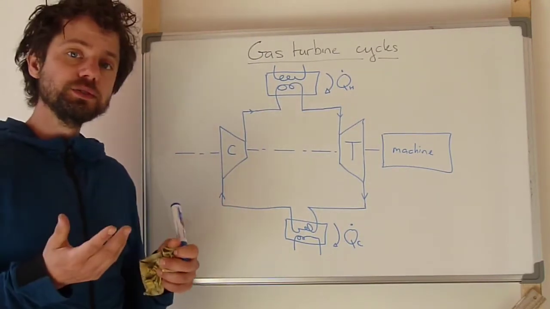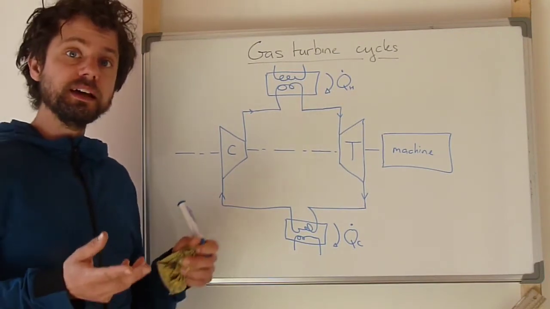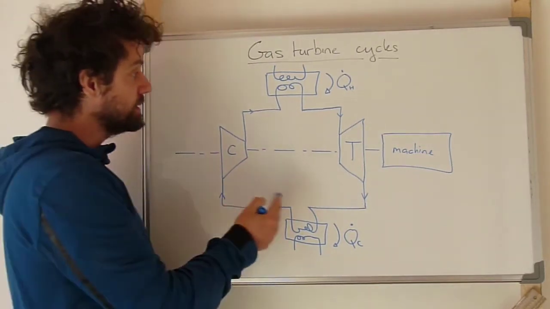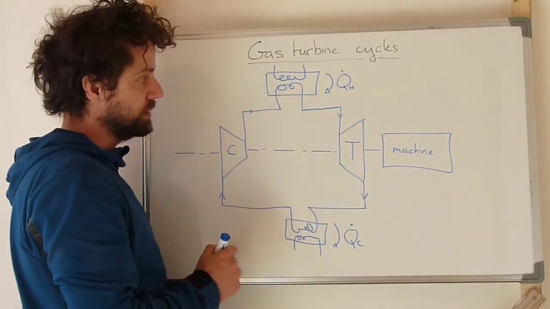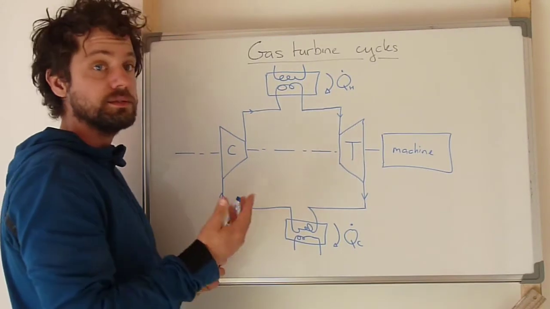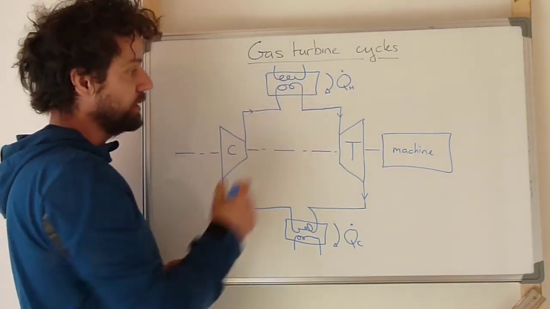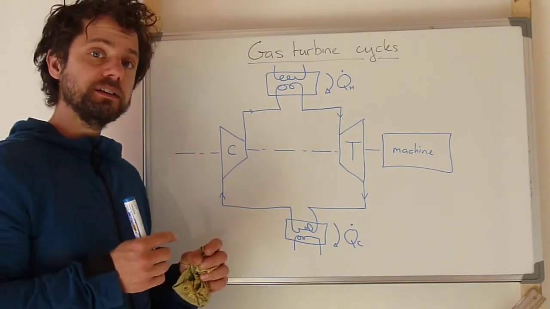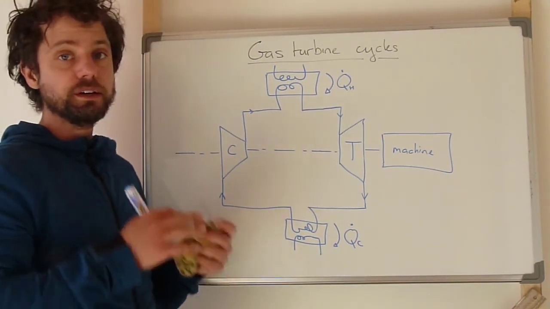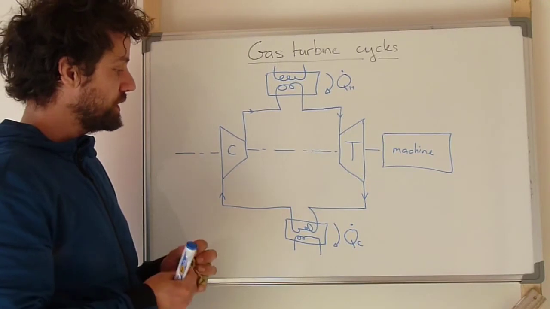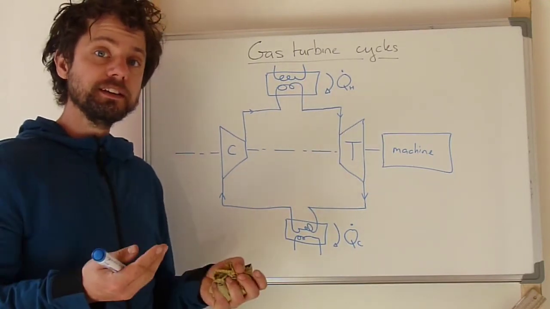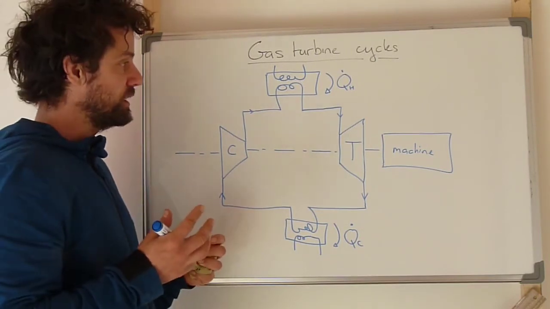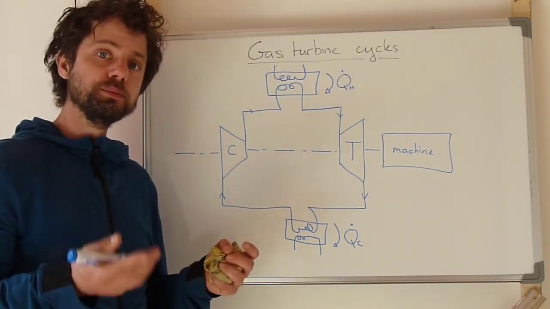One advantage could be that another fluid than air can be used, so we can possibly use other gases to work as working fluid and to undergo these different transformations, and so we may find fluids that have better properties than air for this. But another big advantage is this kind of cycle is easier to model from a thermodynamic point of view.